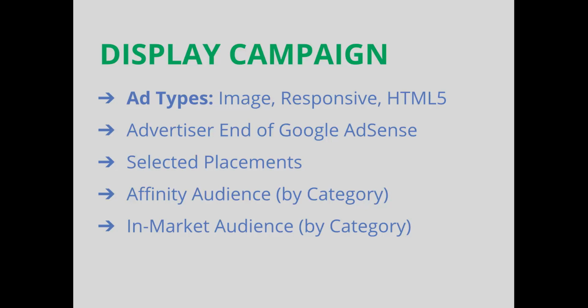And then they have in-market audiences, which they explain as people that are ready to buy whatever category you choose based on their user activity. In general, the display network clicks are going to be a lot cheaper compared to Google search clicks, but I think you probably need to do more testing to figure out exactly what audiences are going to work best for you.